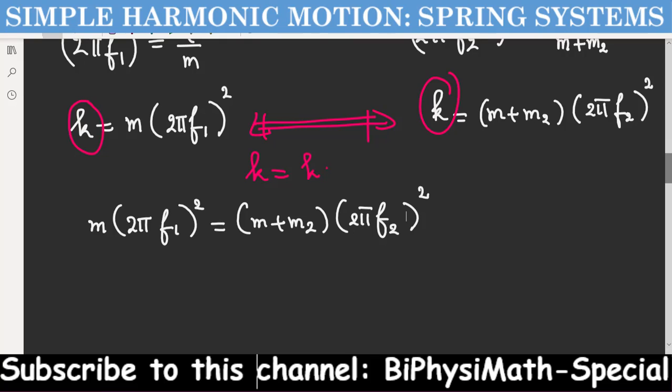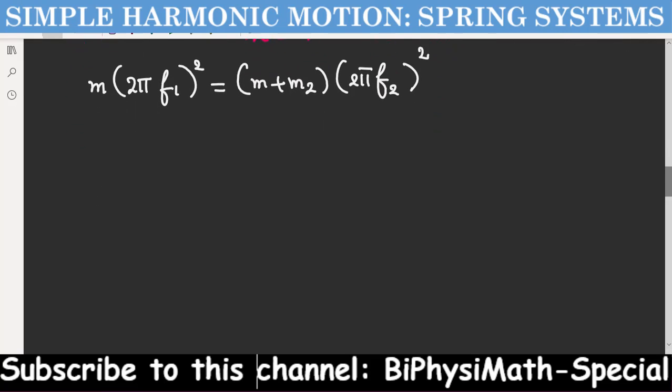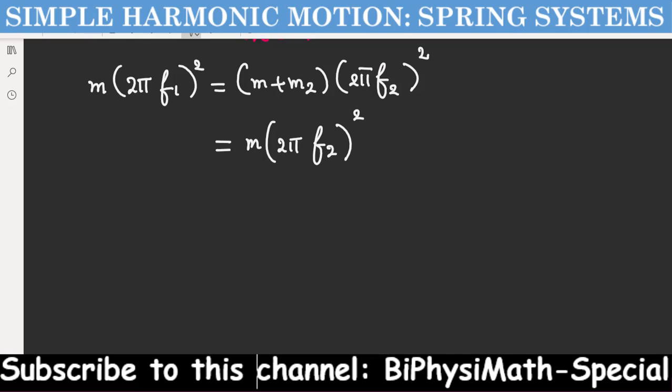We find M times 2 pi f1 squared equals M times 2 pi f2 squared plus M2 times 2 pi f2 squared.